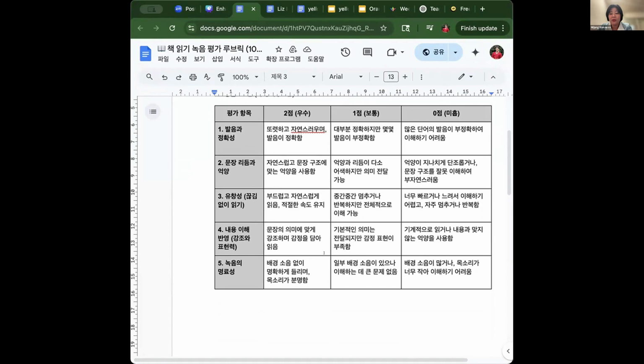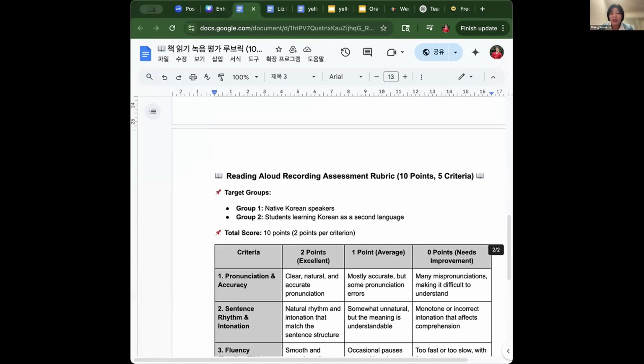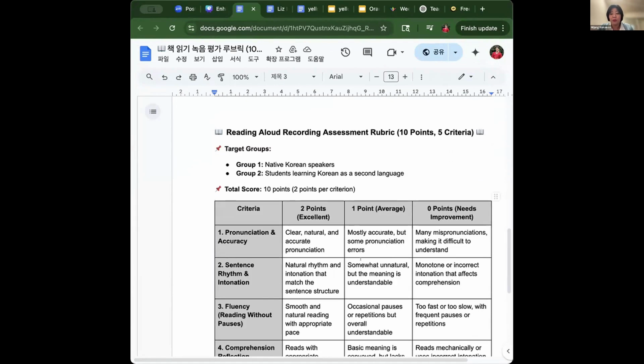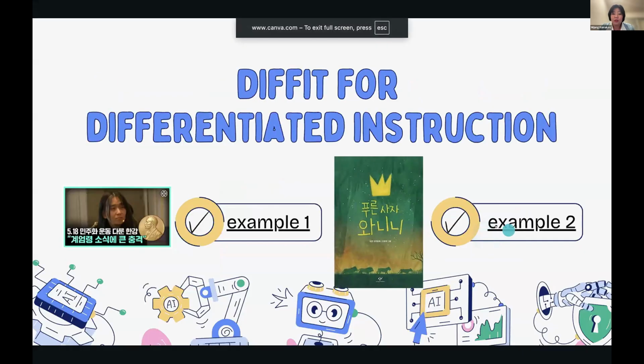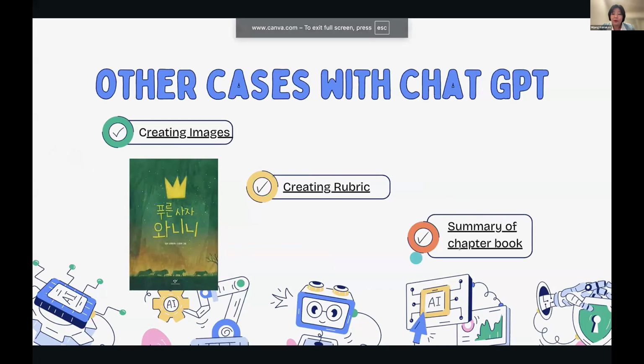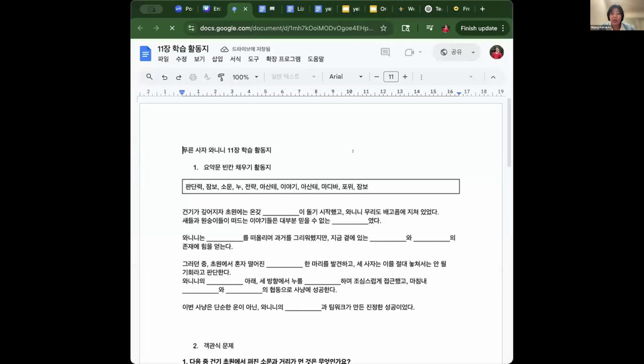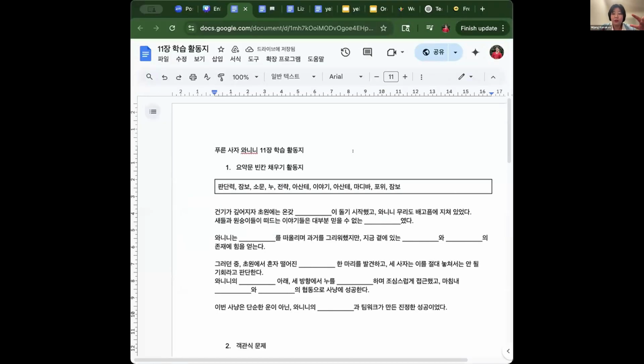It created a Korean version and also an English version, for better understanding for each student. And also a summary of the chapter book: when I upload the storybook, I can ask ChatGPT to create a summary of the chapter, and then make blanks and turn it into questions.